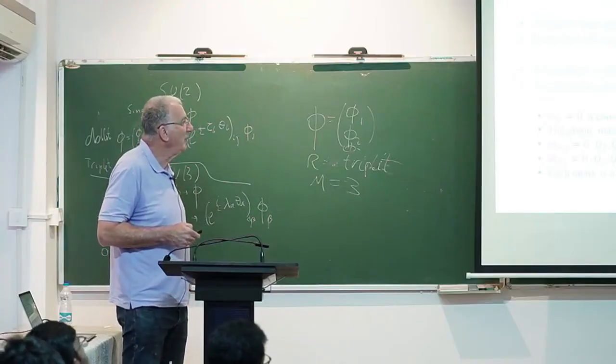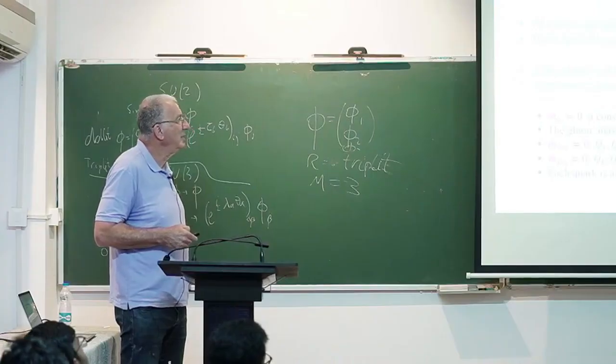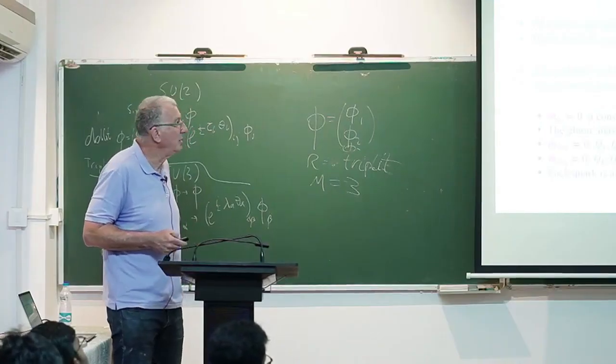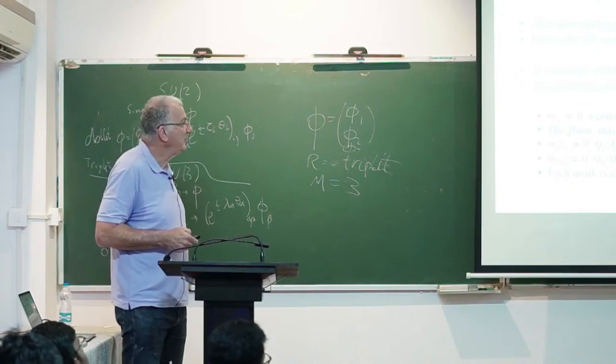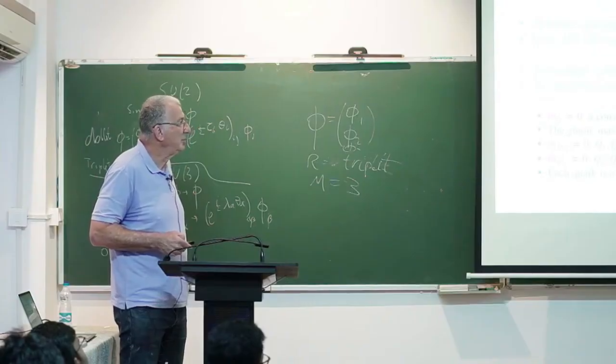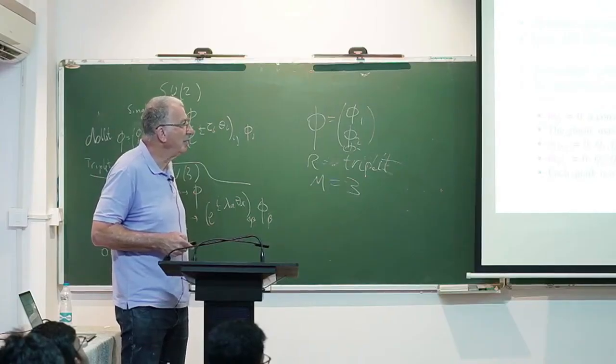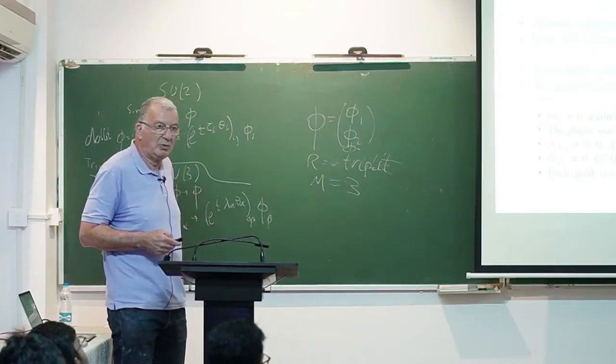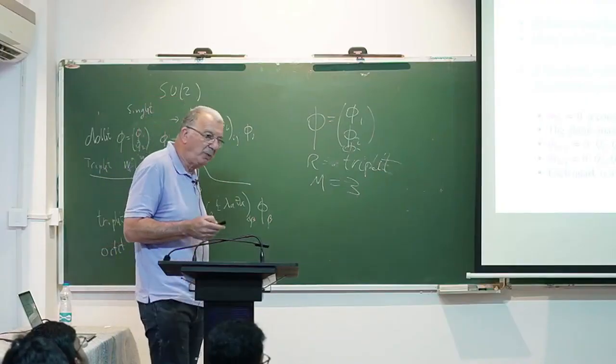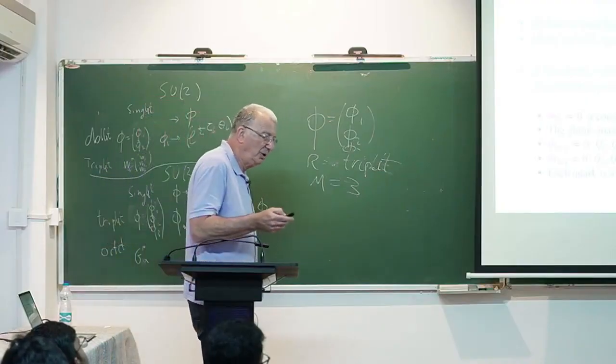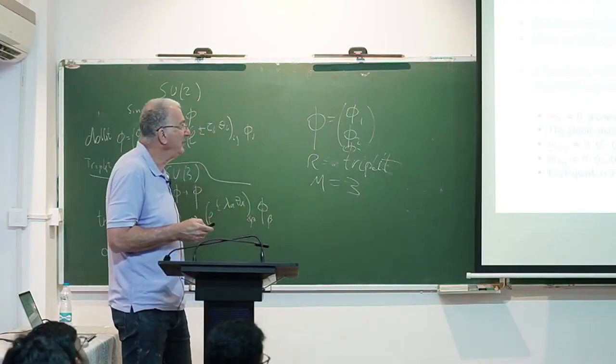So what we have there is a massless SU3 color octet vector boson that we called the gluon, and we have 6 massive SU3 color triplet Dirac fermions, each with its own Dirac mass, MQ, and these are the 6 quarks. So that's the spectrum of the model that I presented.